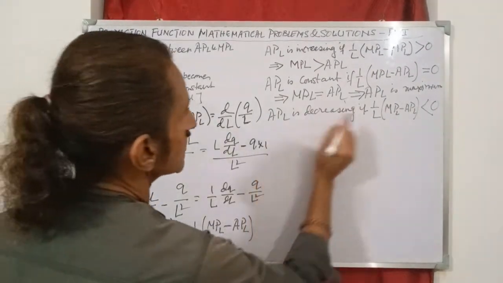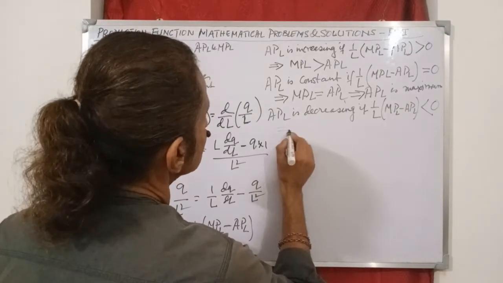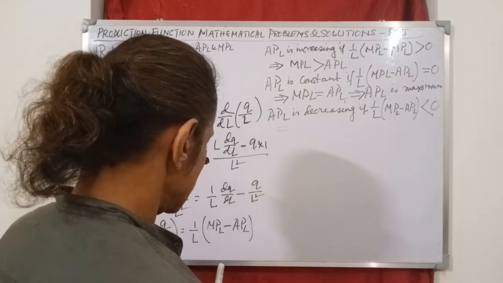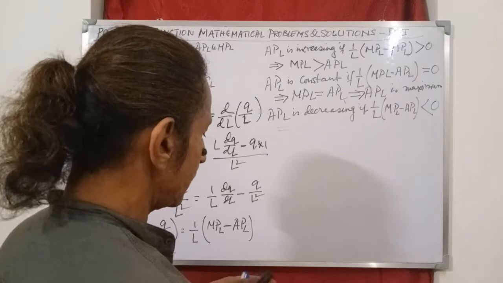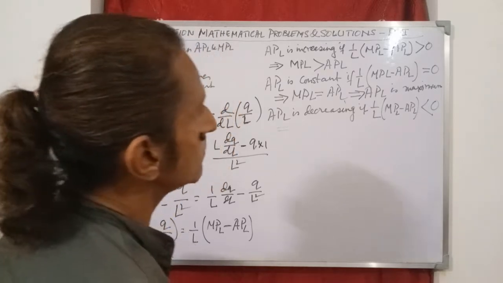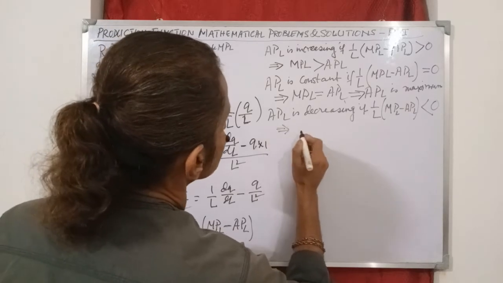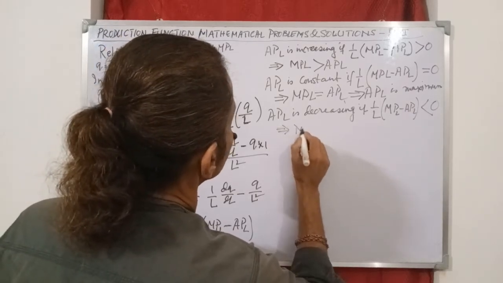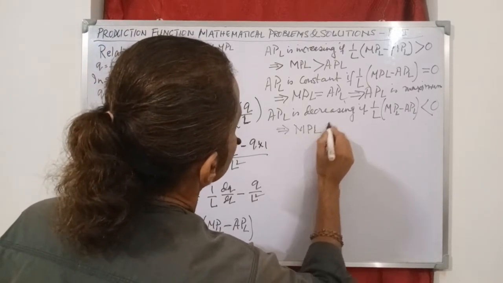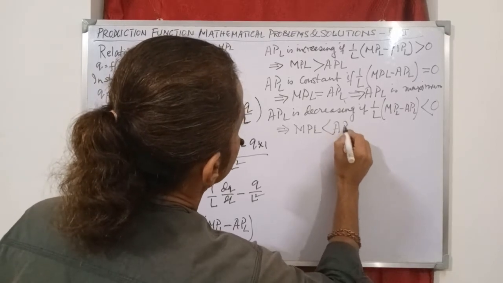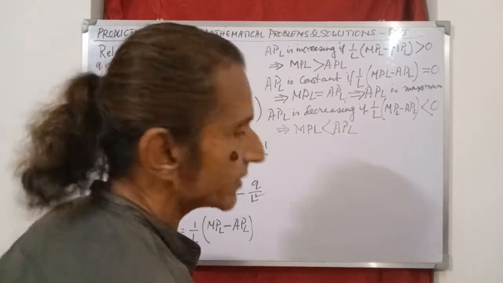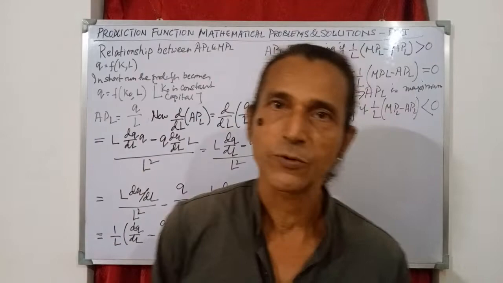This means if this happens, it denotes MPL is less than APL. That is, marginal productivity of labor is less than average productivity of labor.